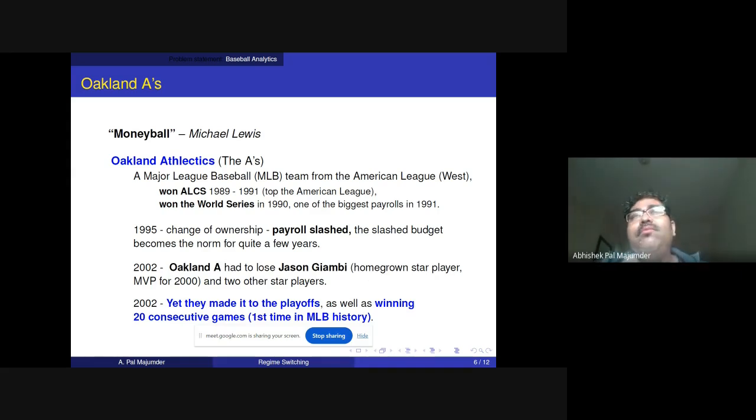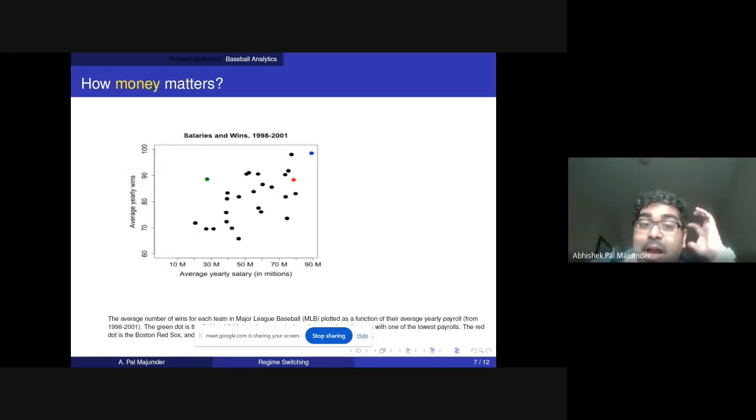So how did they make it happen? You can see here how winning is affected by the money they spend on salary, the average yearly salary for every club.